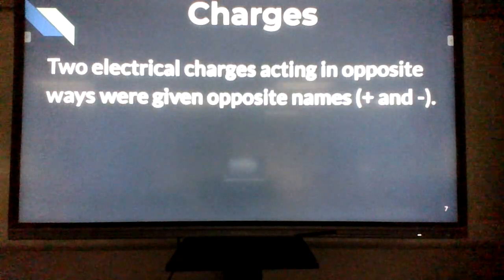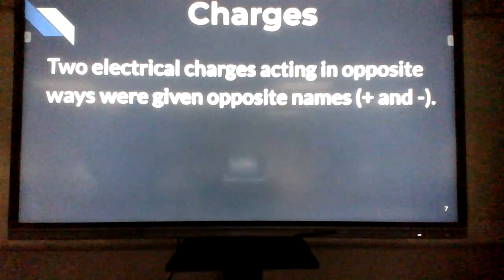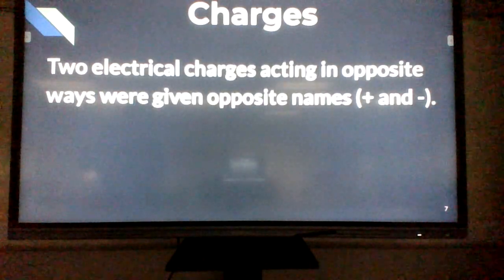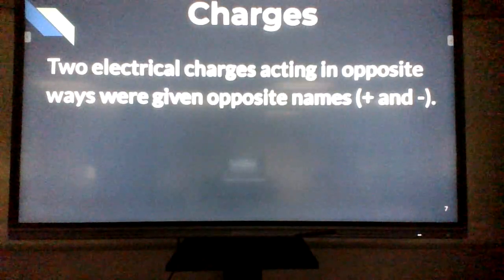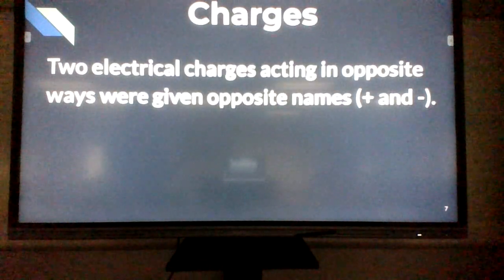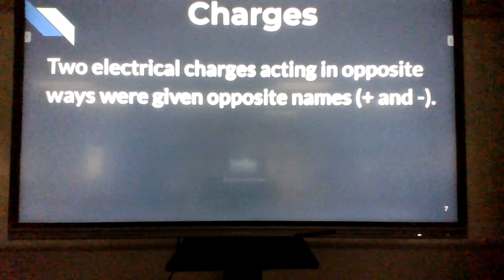Electric charges. There are 2. One's called positive, one's called negative. Nothing fancy or magical about the names, just 2 charges that do opposite things, so somebody gave them opposite names. Now, one part of the atom will have the positive charge.